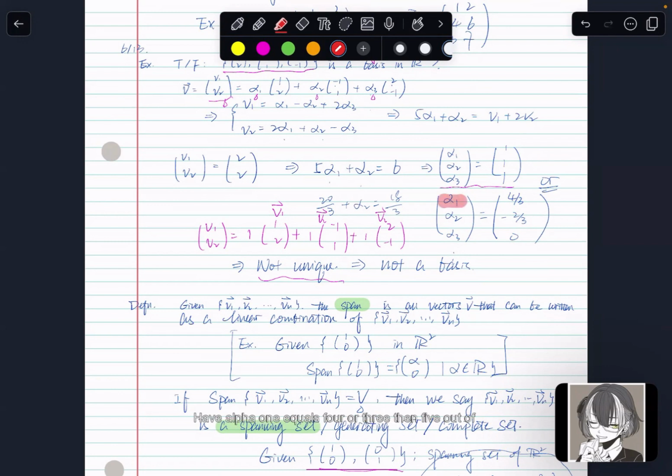If I have alpha 1 equals 4 over 3, then 5 alpha 1 will equal 20 over 3, and 6 is basically 18 over 3. So we can calculate alpha 2 to be negative 2 over 3. And then similarly, substituting back into the first equation, we get alpha 3 to be 0.